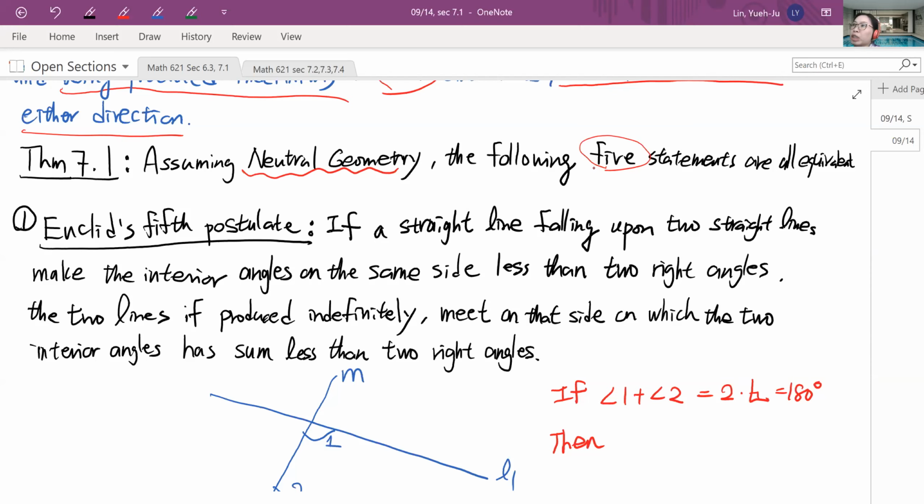I want to go over the statements, and then we're going to see how to prove that these 5 statements are equivalent, okay? So the first statement is essentially the fifth postulate.